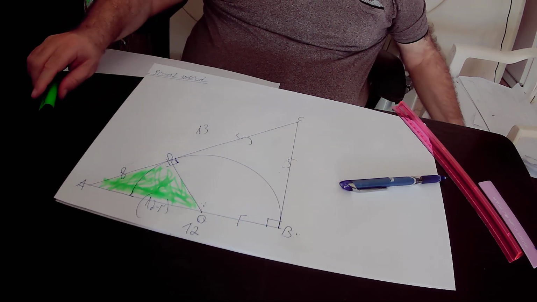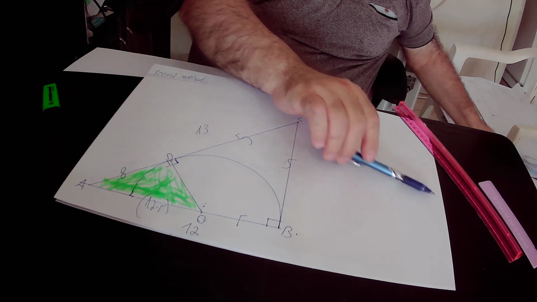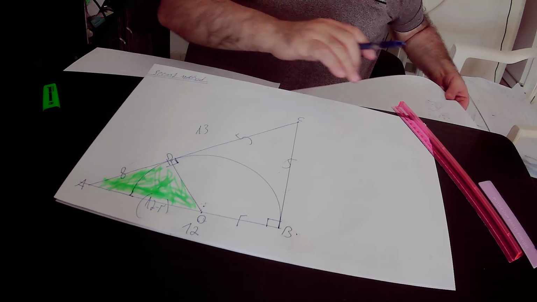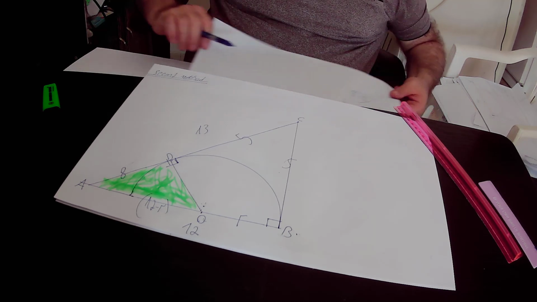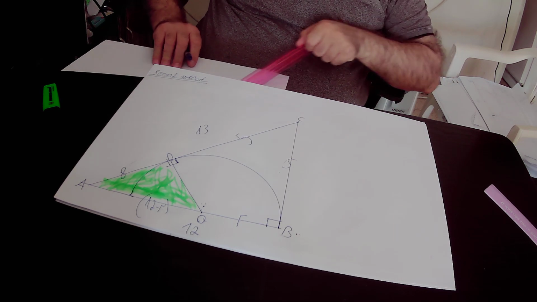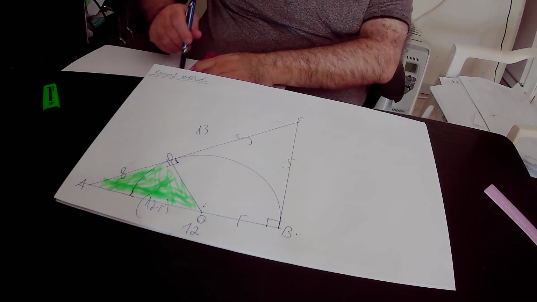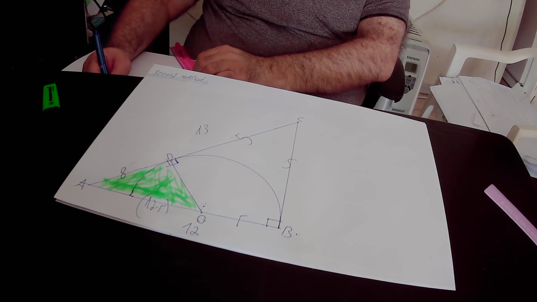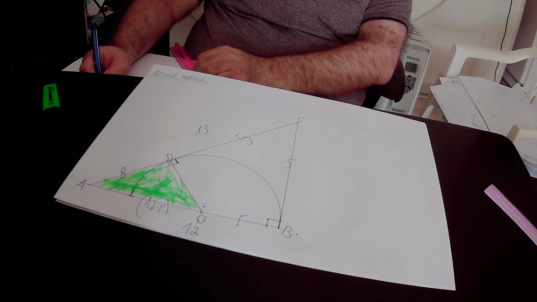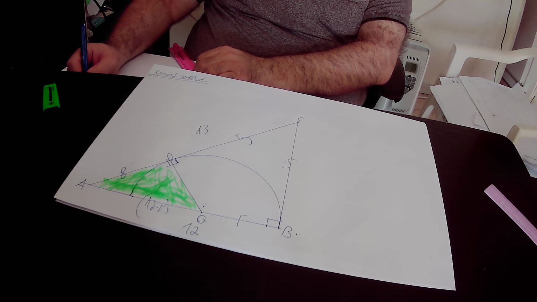So according to the Pythagoras theorem, the square of the hypotenuse equals the sum of the squares of the perpendiculars.